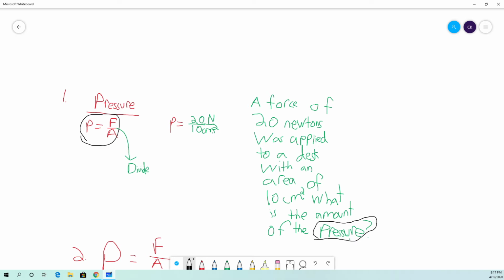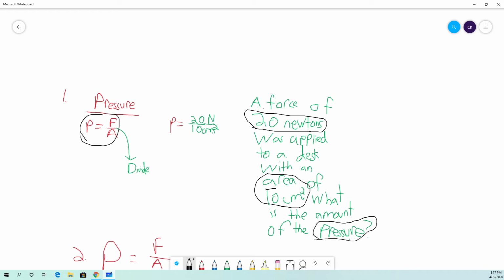Then we look for our knowns. What do we know we have? I know we have 20 newtons. I also know we have an area of 10 centimeters squared. So now I have to figure out what each of these is.